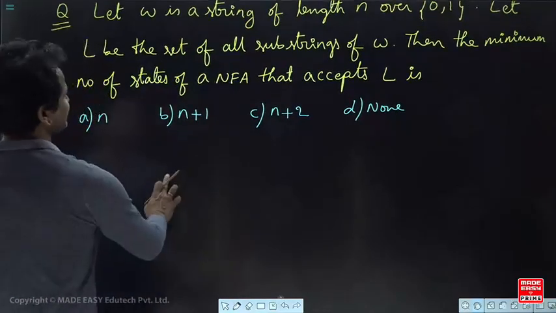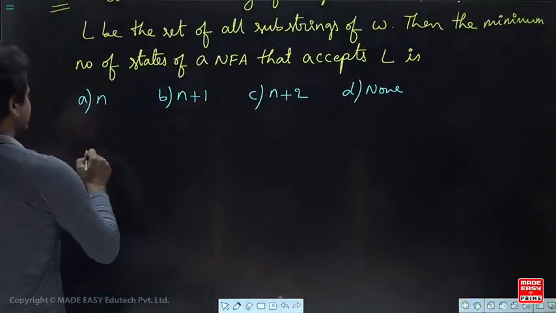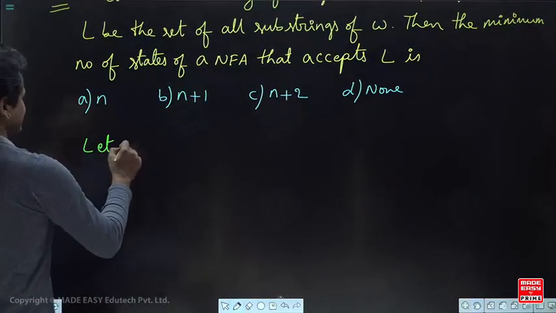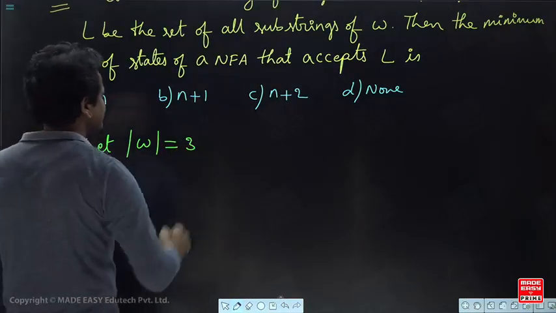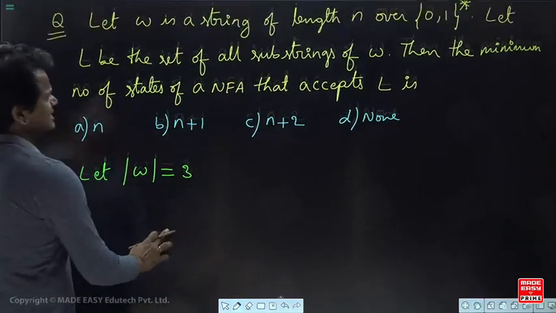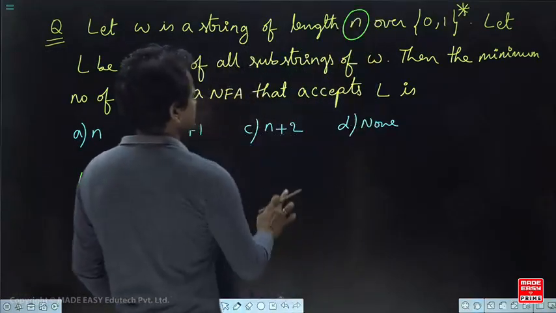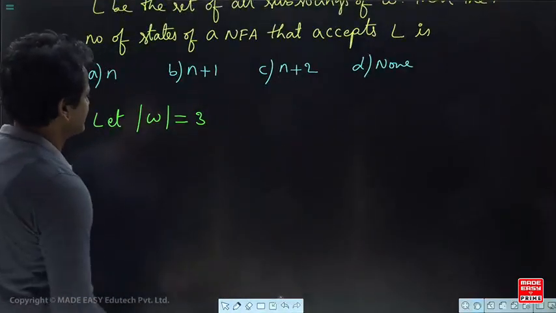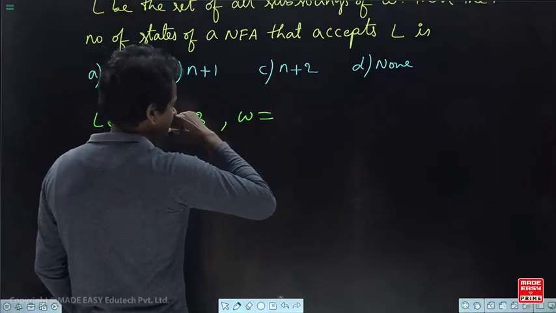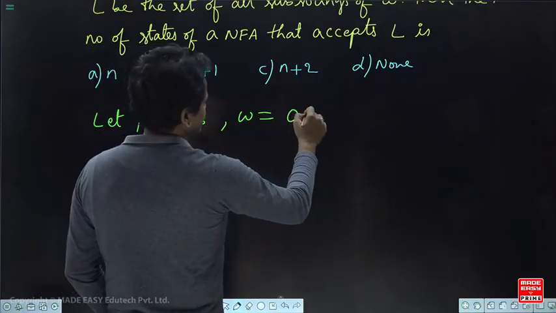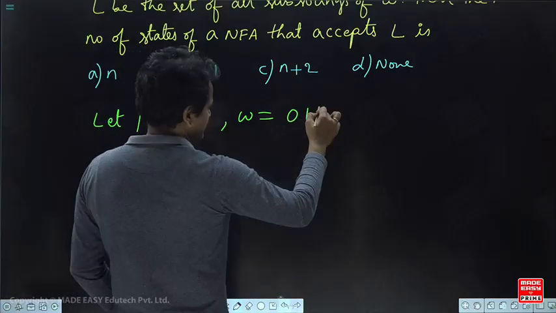Now listen guys. Let modulus of W equal 3. Example, take a string of length 3, and W equal to 0, 1, 0.